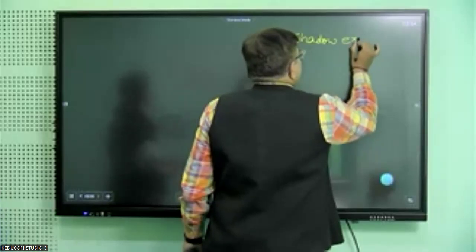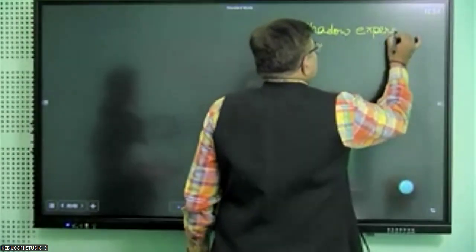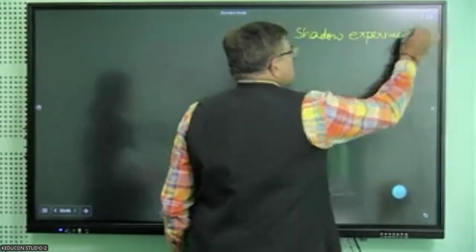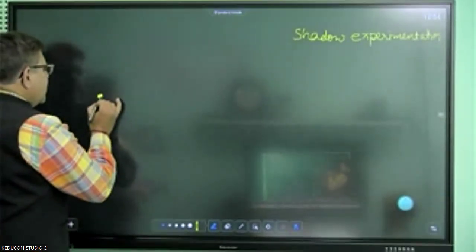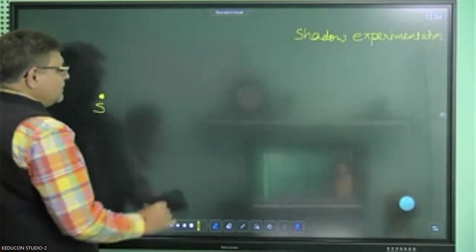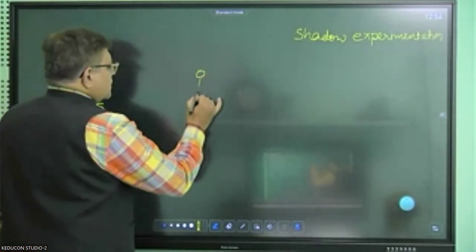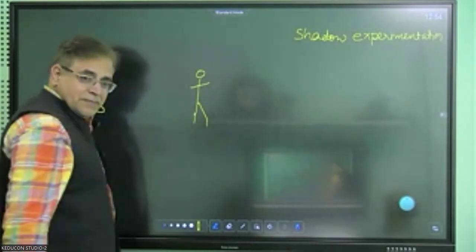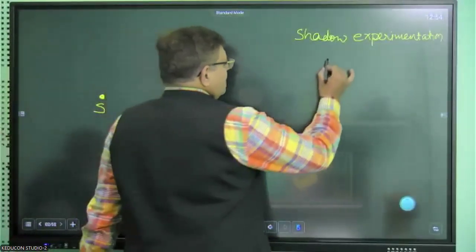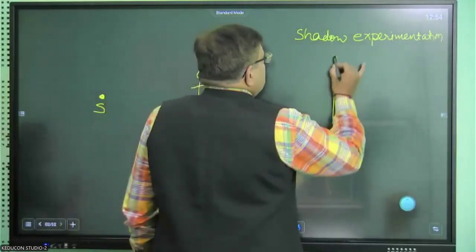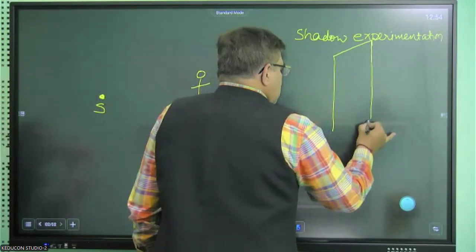Experiment. Shadow experimentation. Okay, beta? Here was the source of light, like the burning candle. Here was the obstruction, that is like the human body, and here is the screen.